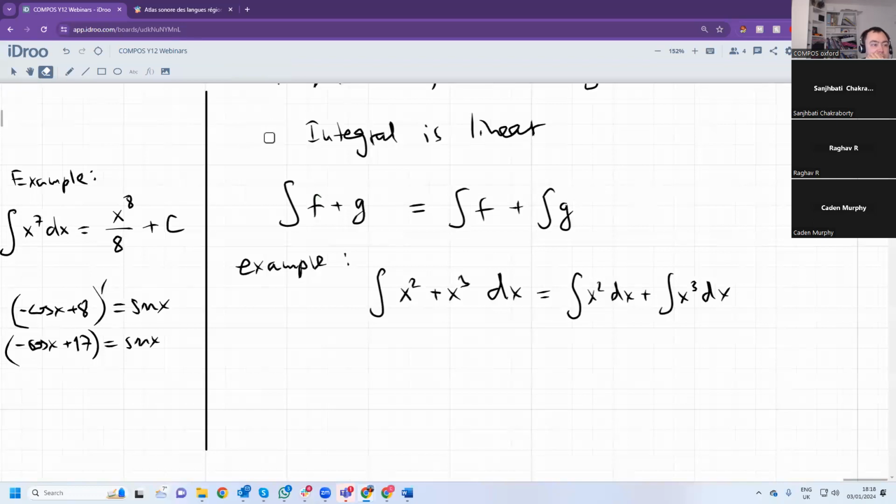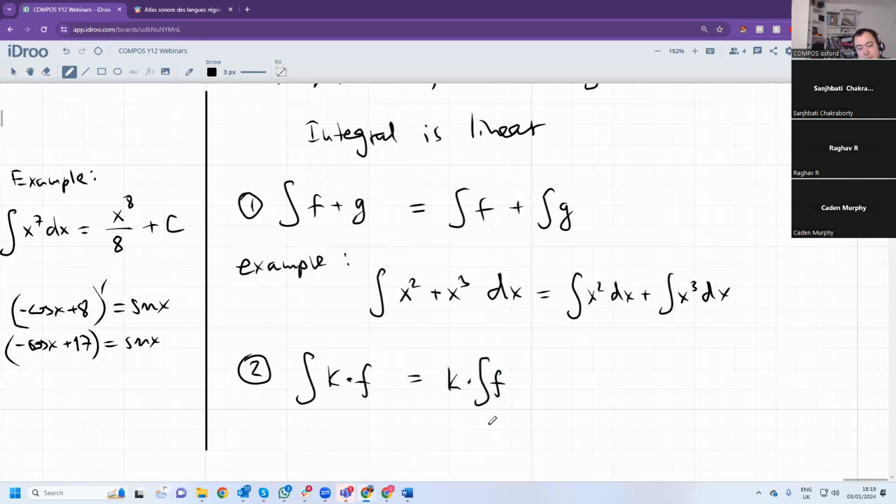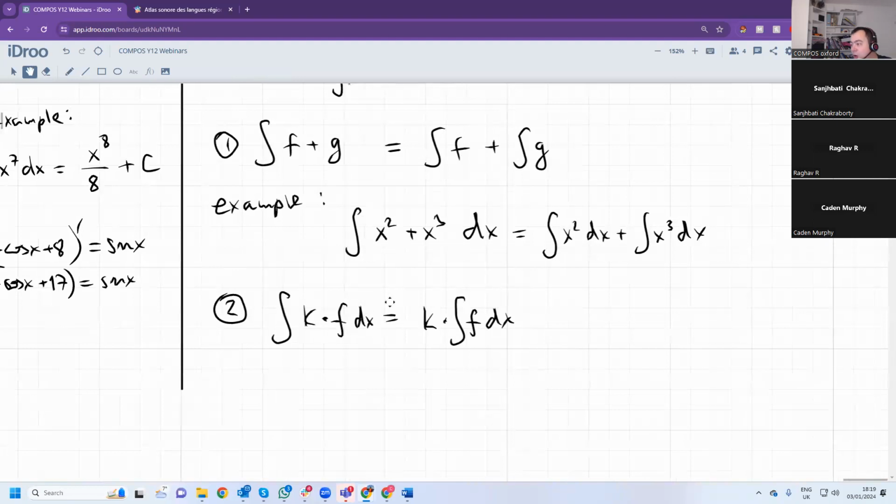The integral is linear, and that's the first property. Second, the integral of k multiplied by f dx is equal to k multiplied by the integral of f dx. That means you can take a constant out.